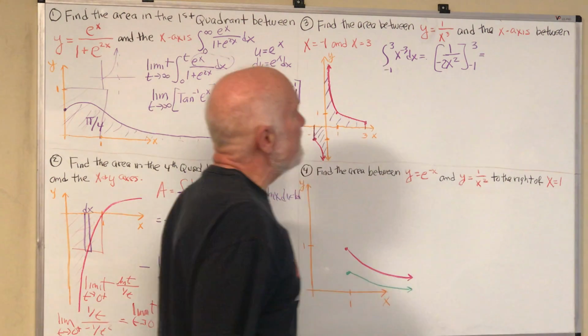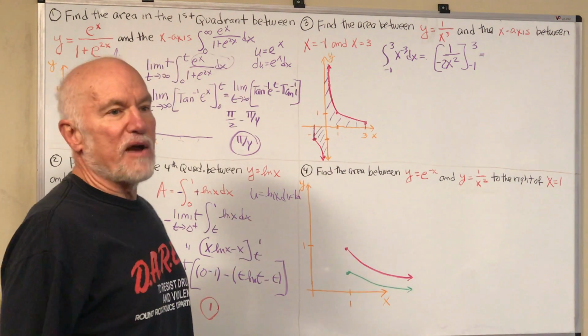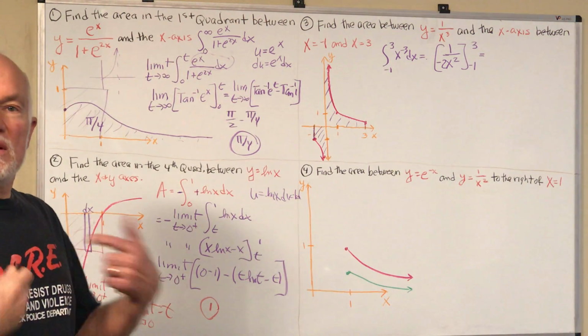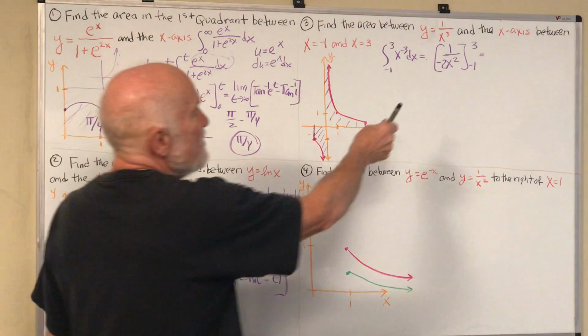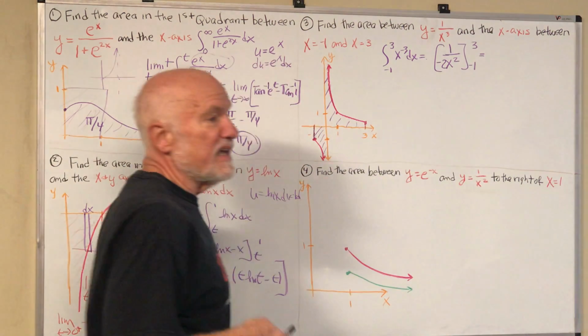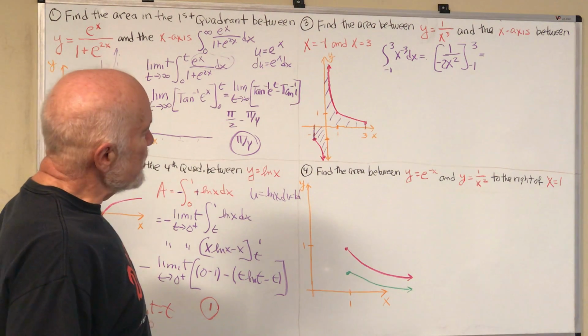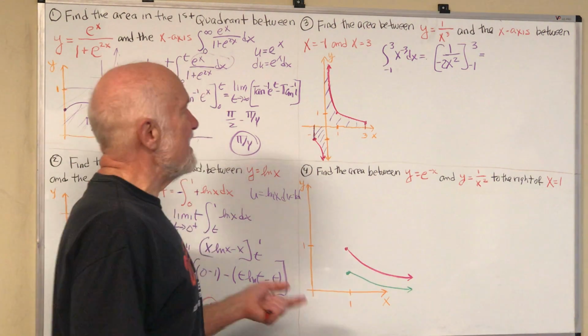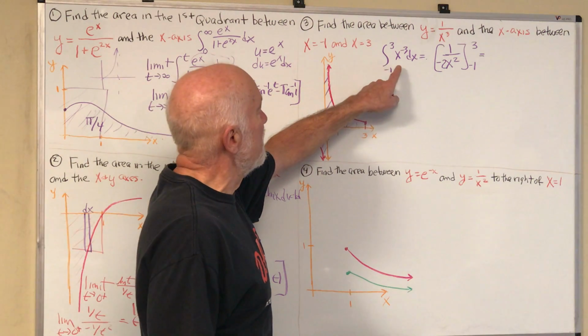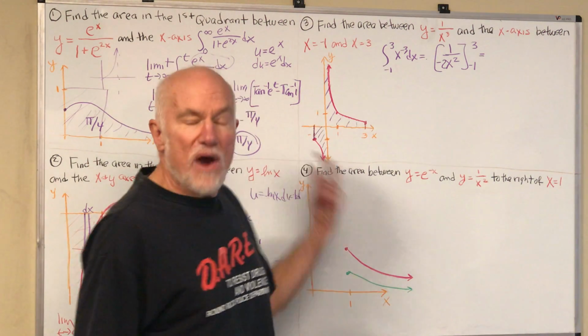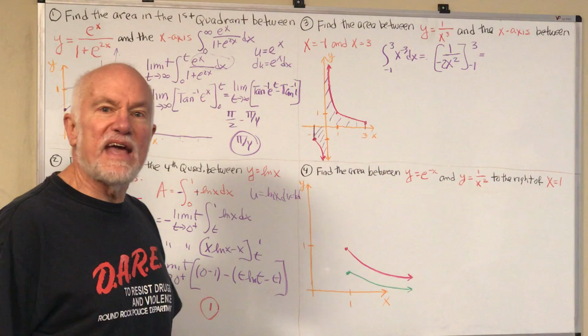And you can see we get a very finite number. I won't even bother continuing on. You can see if you plug in 3 and negative 1, you're going to get an answer. Unfortunately, that's not the correct answer. We used the fundamental theorem of calculus on an improper integral, so we can't count on that as being right.